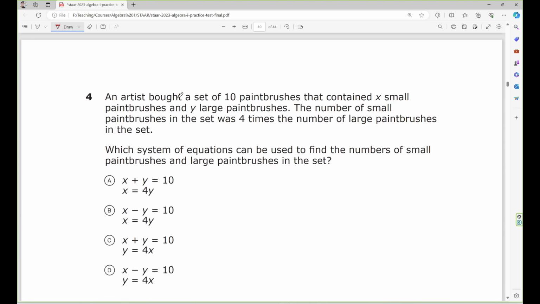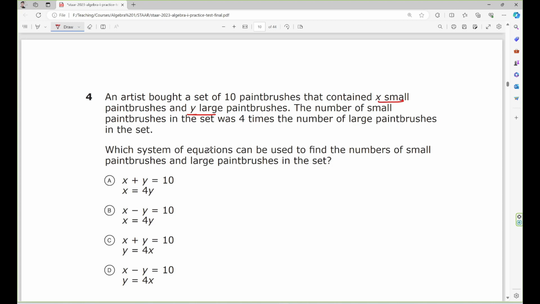An artist bought a set of 10 pen brushes that contain x small pen brushes and y large pen brushes. The number of small pen brushes in the set was 4 times the number of large pen brushes in the set.